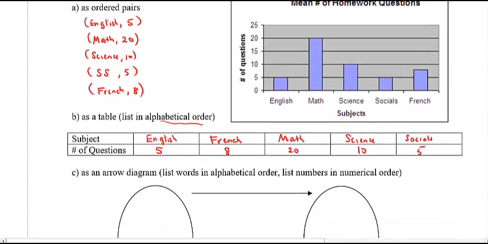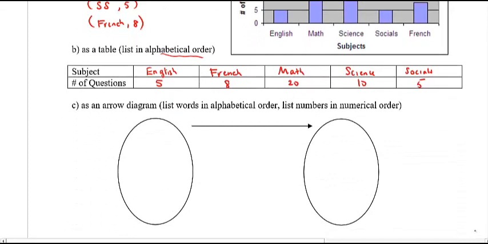How about as an arrow diagram? This time, list the words in alphabetical order, and list the numbers in numerical order. So remember, we have subject, and we have number of questions. And what is the connection here?